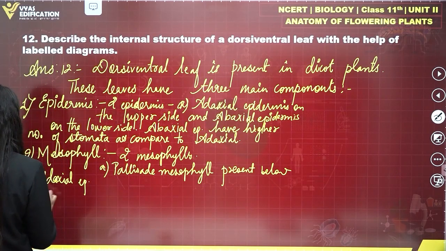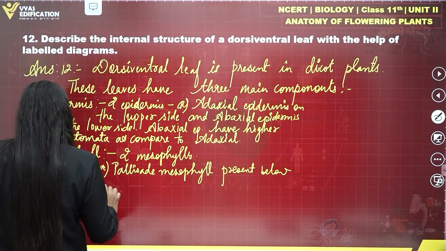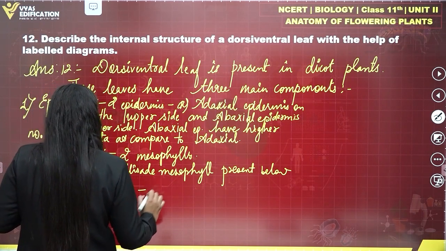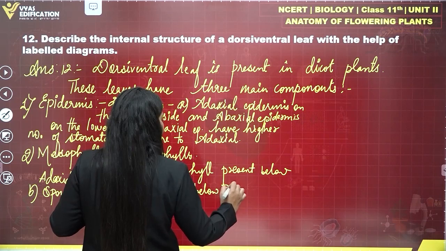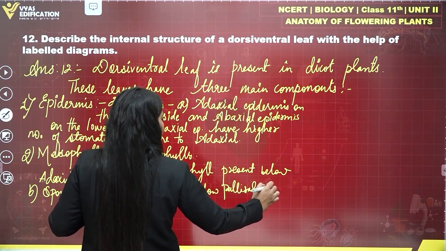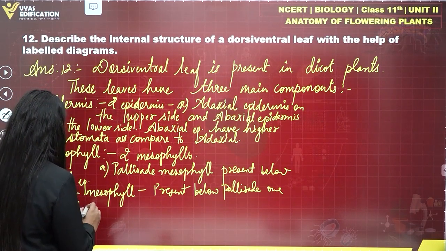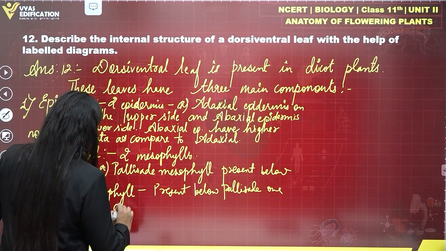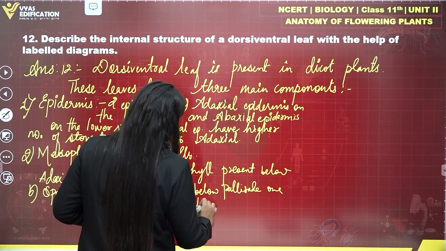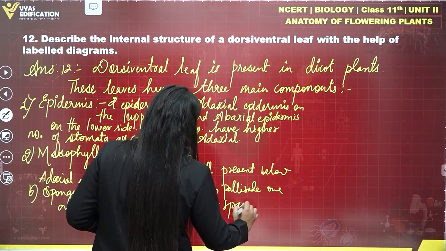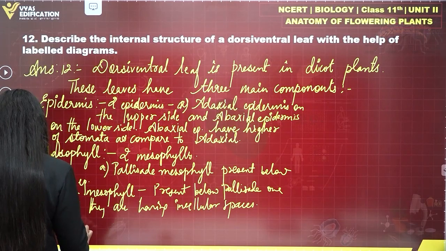The second one we have is spongy mesophyll, present below the palisade one, and they have intercellular spaces. The last one we have is vascular bundles.